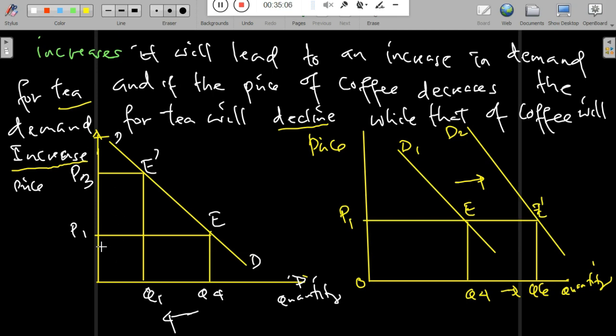So many of the consumers will shift to increase demand for tea because the price of tea is constant at P1. So the quantity of tea will increase from Q4 to Q6.